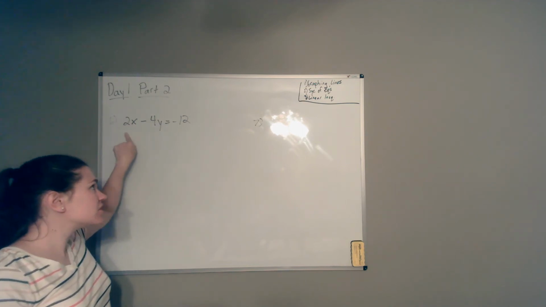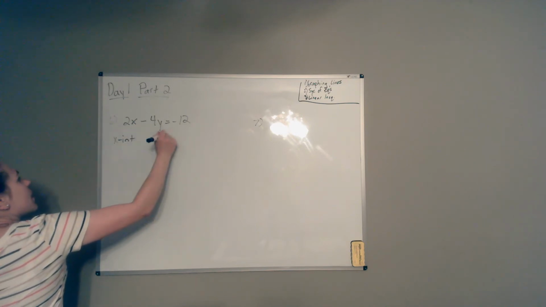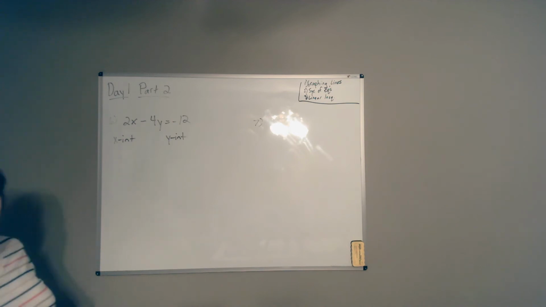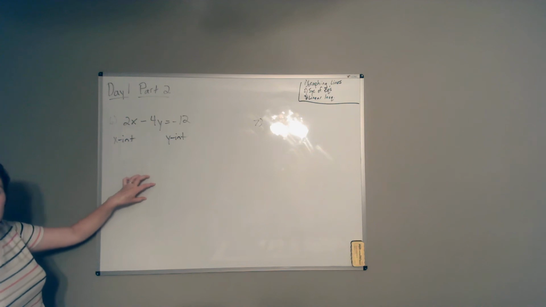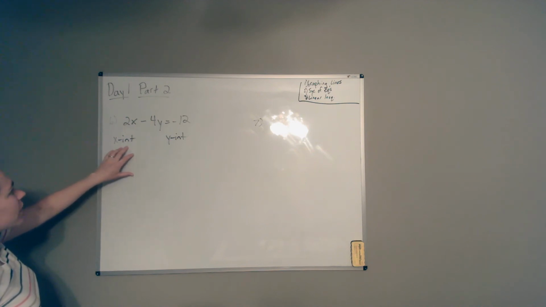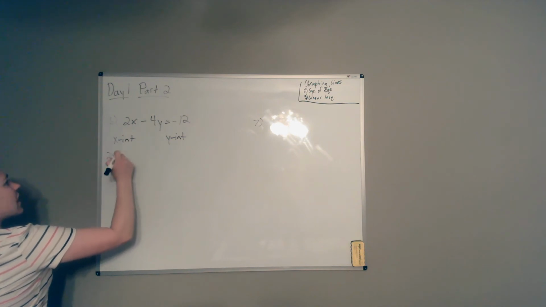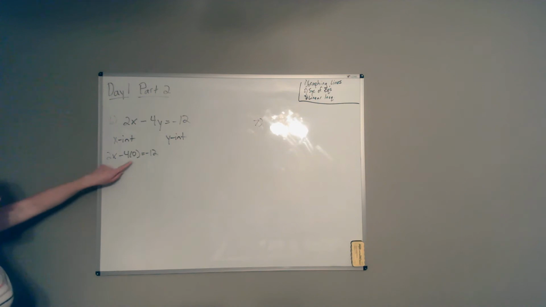I would keep this in standard form and just get my x-intercept and my y-intercept. Because as long as you get just 2 different points, you have enough to graph a line. So getting the x-intercept is a quick point because all you have to do is find x when y is 0. That's what your x-intercept is.